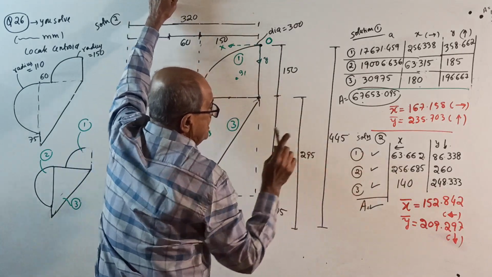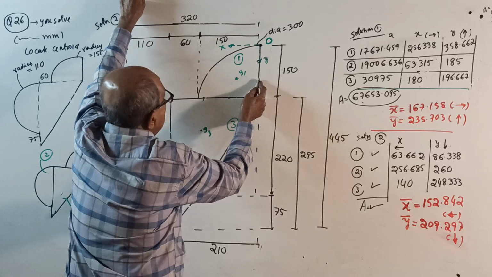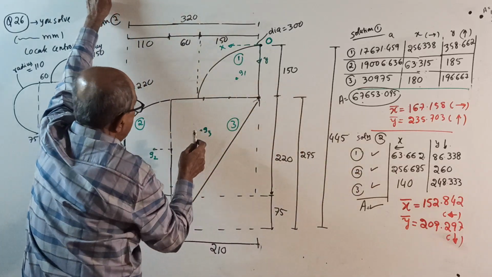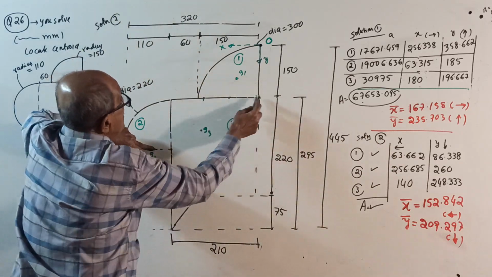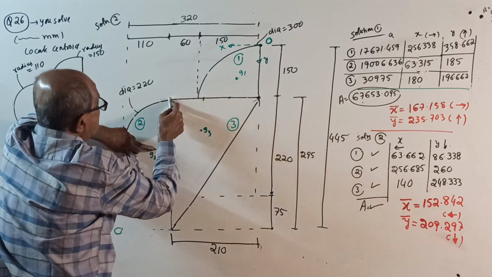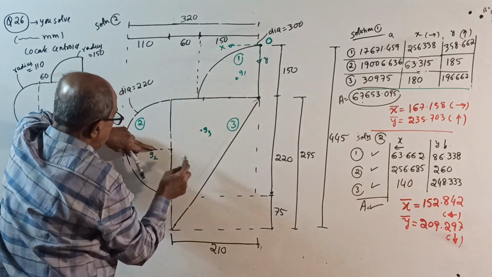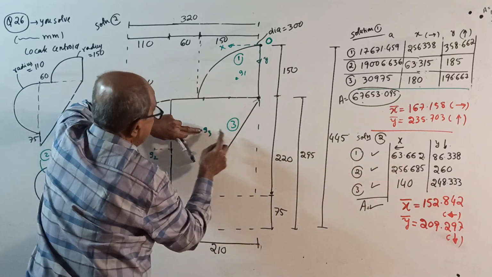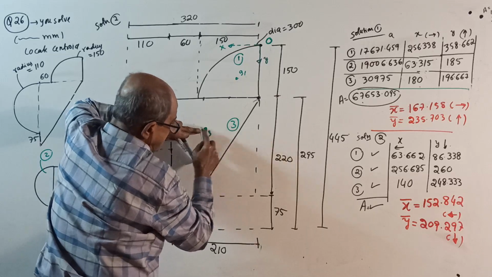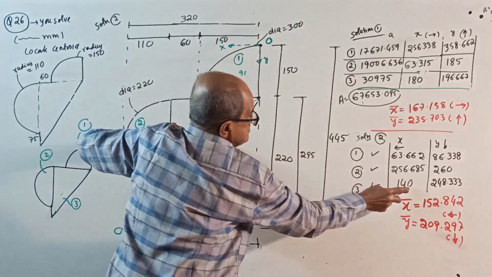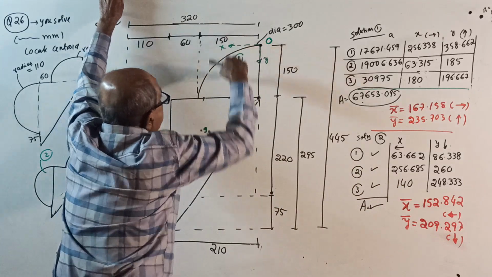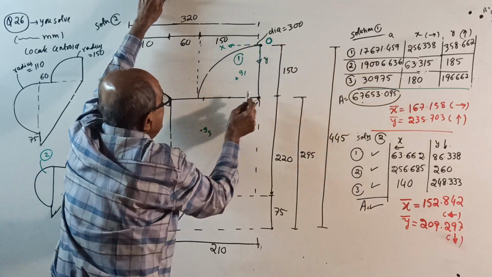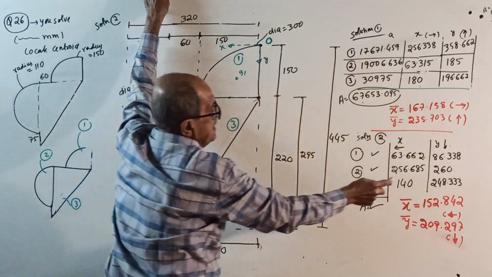A1, A2, A3 will remain same. X1, 2d by 3 pi. X2, 150 plus 60 or 210 plus 2d by 3 pi. X3, 2 by 3 of 210. Y1, 150 minus 2d by 3 pi.